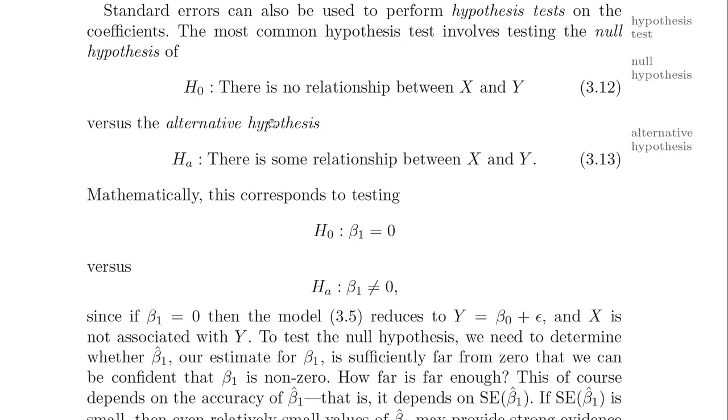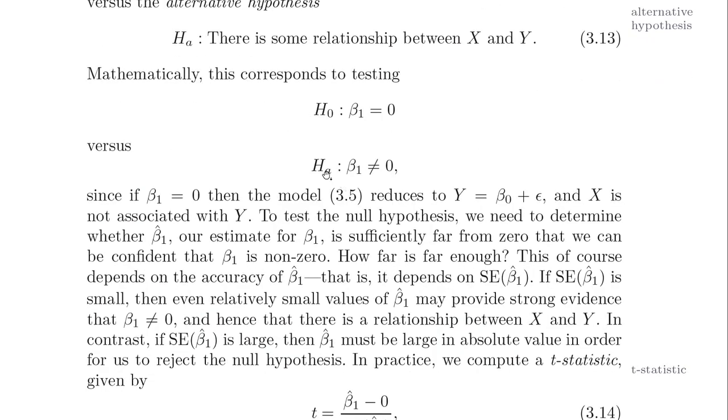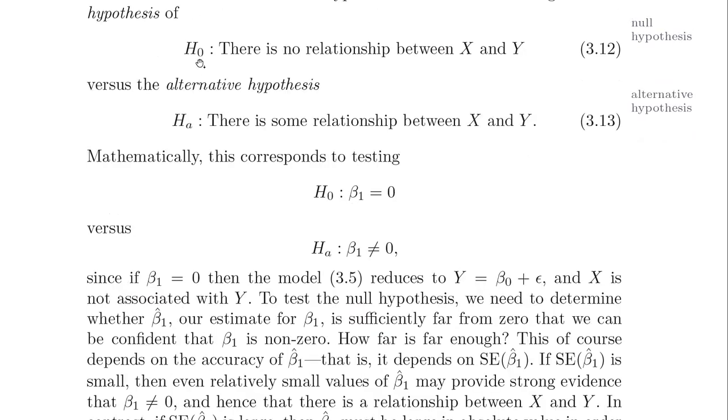Now, mathematically, what does this boil down to? It should be pretty obvious. It's a zero slope. That is no relationship. There's zero slope. Changing x does not change y. Well, the alternative hypothesis, notice the A. I'm used to H naught and H1.